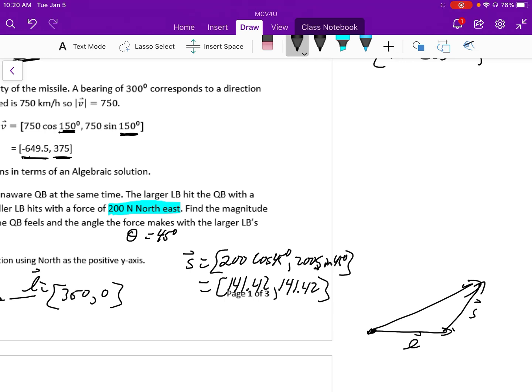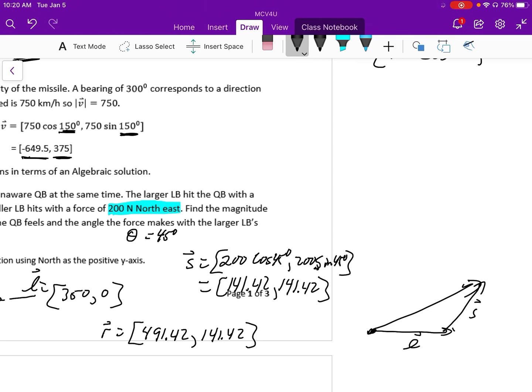So all we have to do is just add. So the resultant, the Q, let's say, is when we add 350 with 141.42. So that is 491.42. And then 141.42 for the Y.